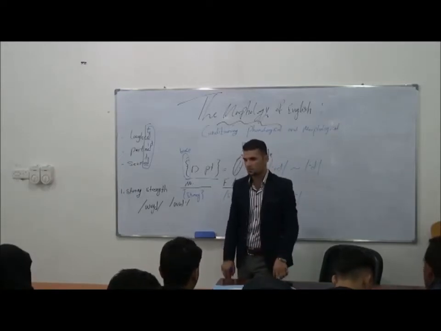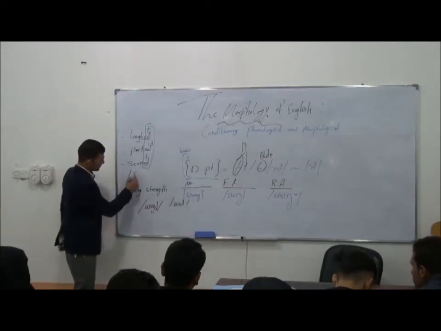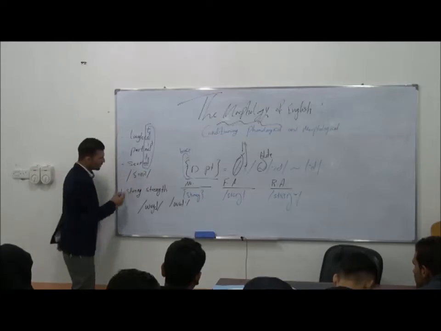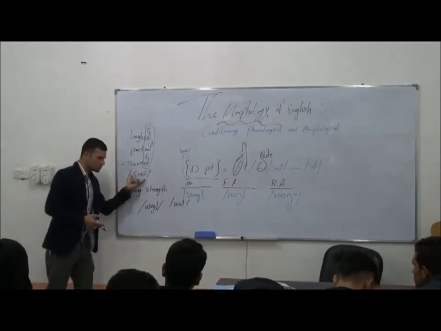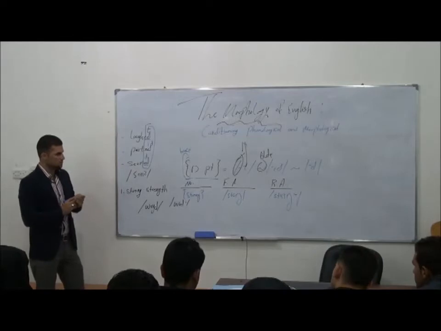For example, we write the word sons in phonemic script like this. Whenever you see these two slants, this means that the word is written in its phonemic form, phonemic script, phonemic transcription.